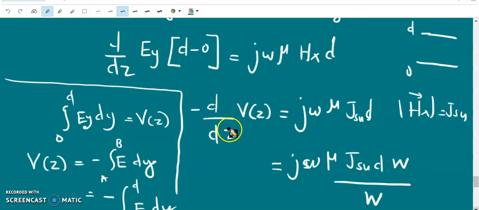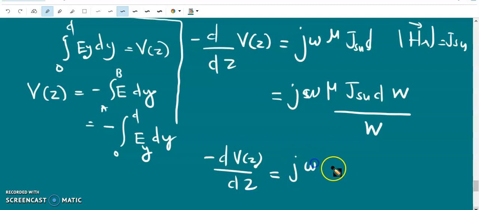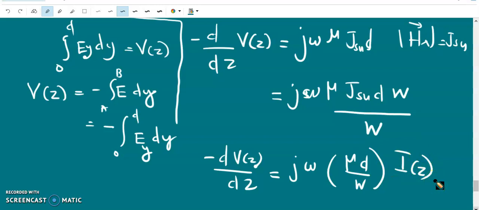So this is minus dV by dz is equal to j omega mu d by W into Jsu into W. Jsu into W is I of z, the total current flowing in the positive z direction in the upper plate having width W.